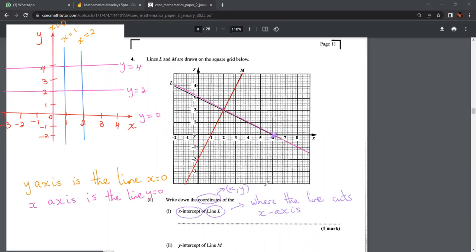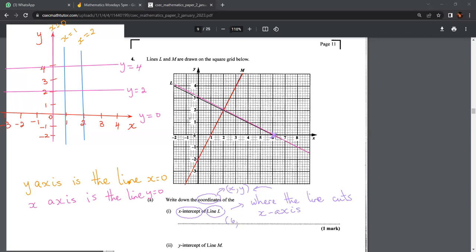They want the coordinates, and the coordinate means in this format. So you guys know the x always goes first. So at this point, your x value is 6.